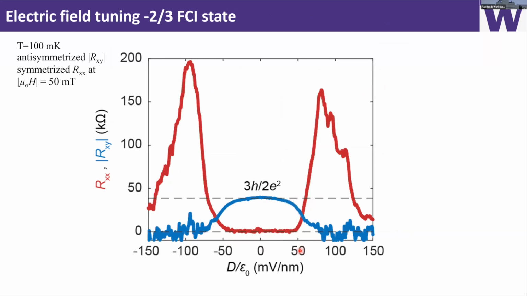But above 50 millivolt per nanometer, RXX quickly rises. So it indicates we transition into an insulating state. It could be just a generalized Wigner crystal state, and then RXX drops again at a very large electric field, so it indicates we transition into a metallic state. The exact nature of these states still remains to be explored, but at least it tells us that the electric field is very useful to control the topological phase transition of the system.